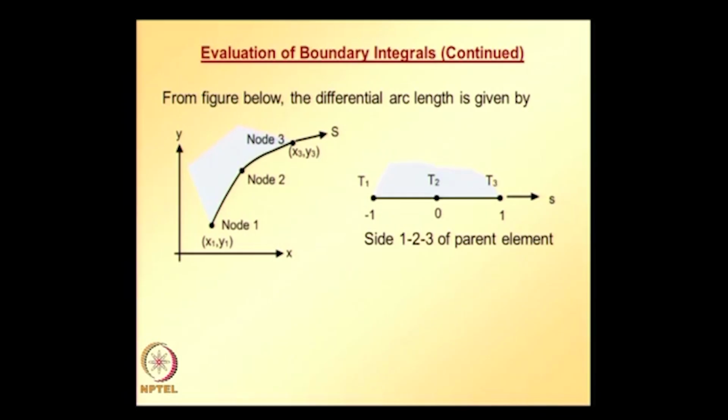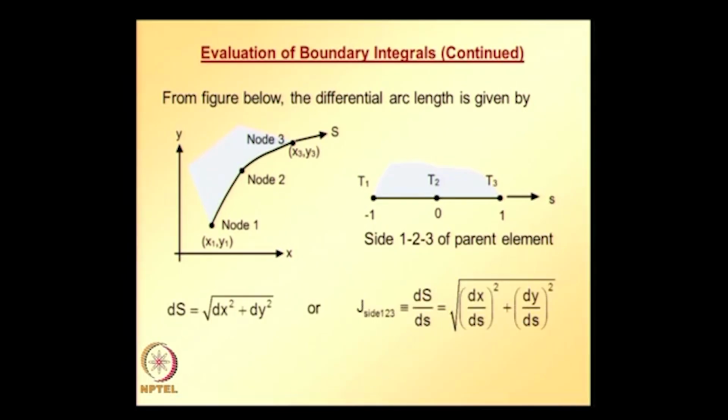Once we get these two quantities, and here side 1, 2, 3 for the actual element and parent element are shown, similar to the 4 node quadrilateral element, d capital S is given by square root of dx square plus dy square.